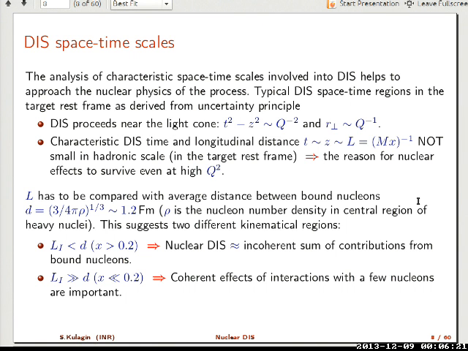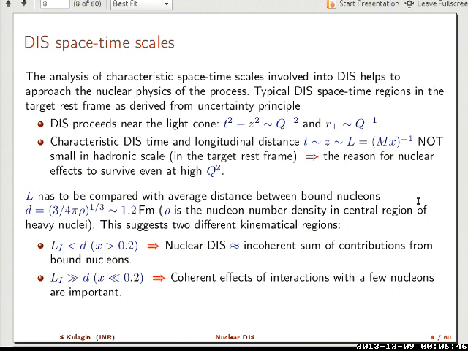So if we have X large enough, then for large X the time is sufficiently small on the nuclear scale, and then we can try to apply the incoherent approximation, the impulse approximation, to calculate the cross sections.